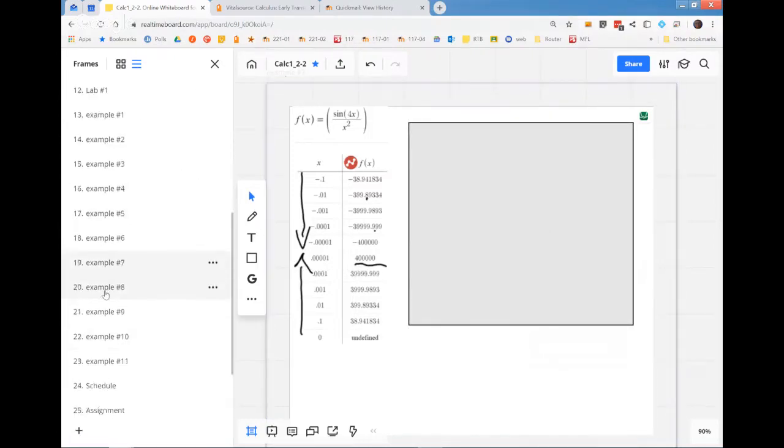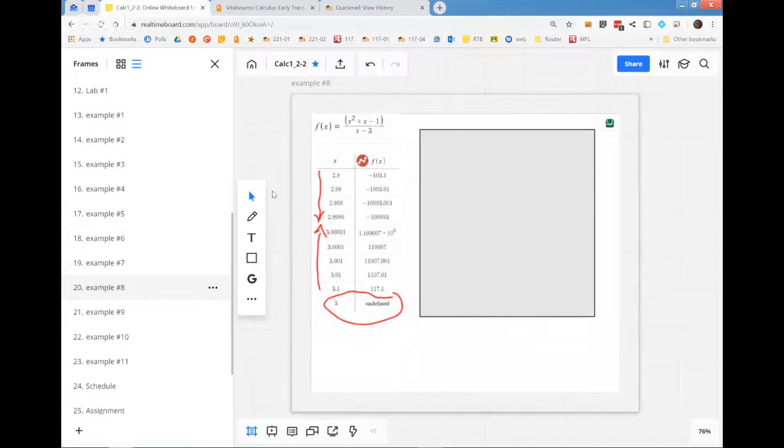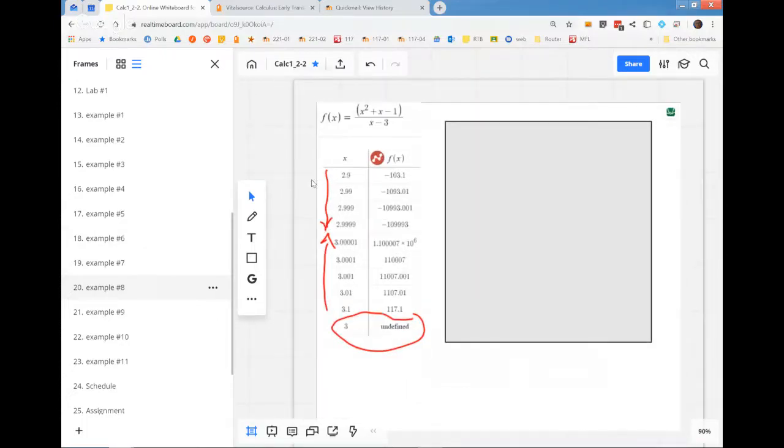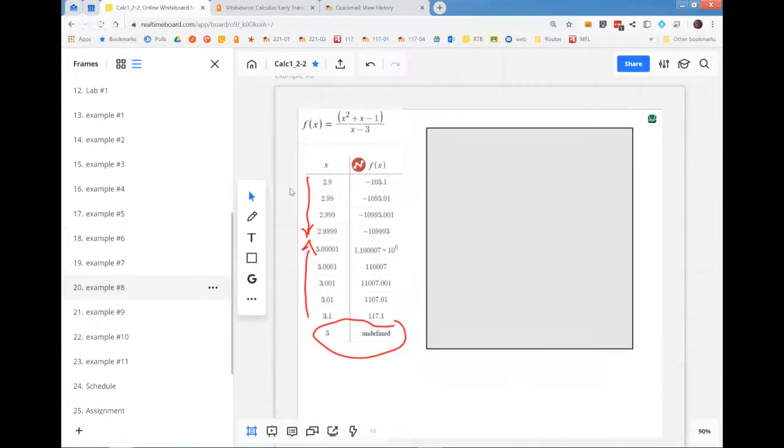Example 8. Okay, back to a good old polynomial, x squared plus x minus 1 over x minus 3. And you can see, of course, we have a denominator, so what can x not be? 3. So let's find the limit as x approaches 3.